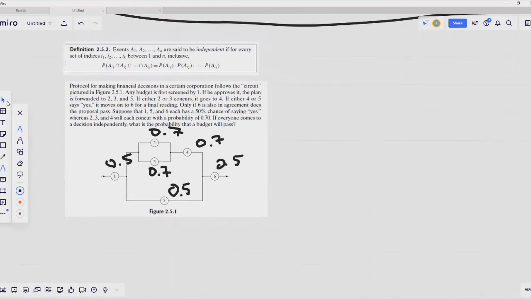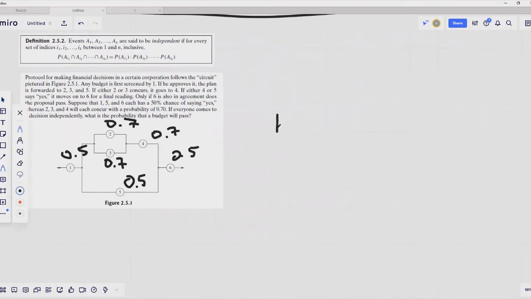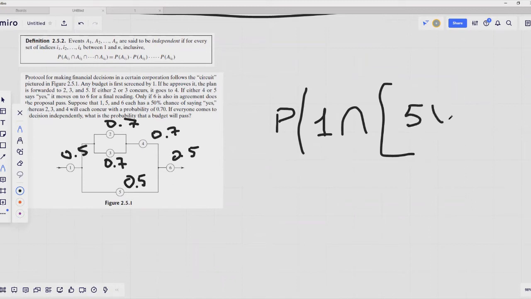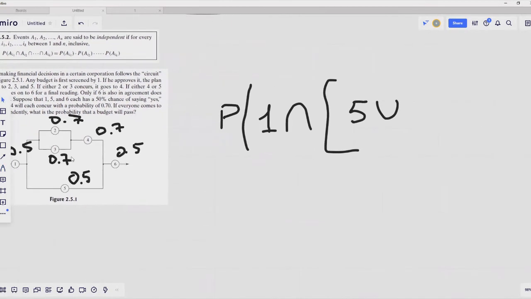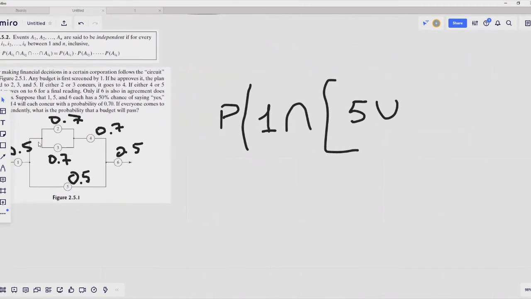So we are looking for the probability that a budget will pass. The budget passes in the following case. First, it must be approved by 1. Then it either should be approved by financial analyst number 5, or it should follow the circuit that is here, which is defined as 2 or 3 should approve.